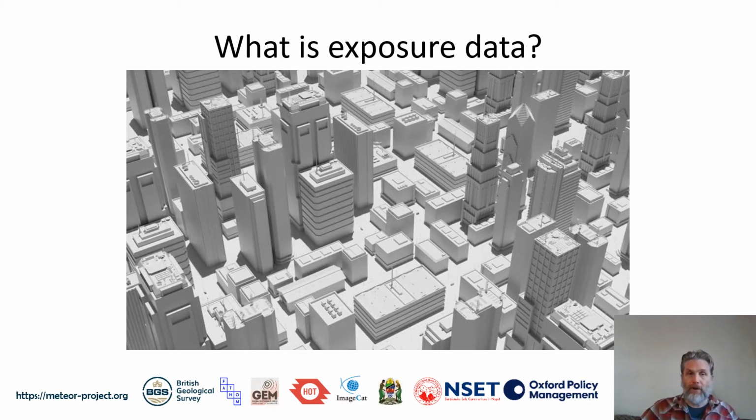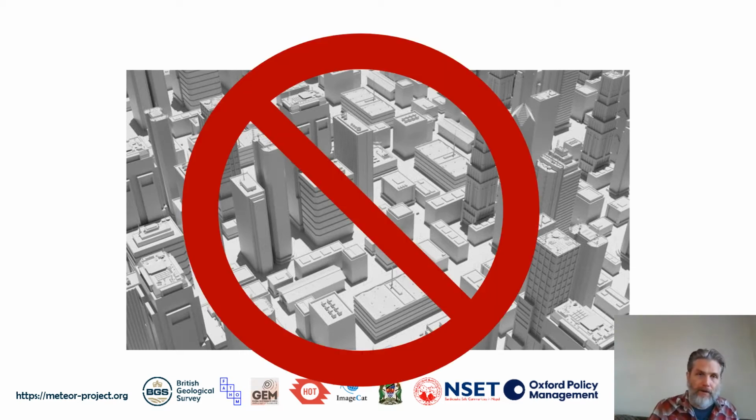Often when we talk about building exposure data, we go in and start to talk to people about risk projects. Right off the bat, they think of this type of data, which is, I think, a virtual 3D representation of buildings in a very urbanized setting. This is not what we're talking about. This is not the type of building exposure that we're talking about.